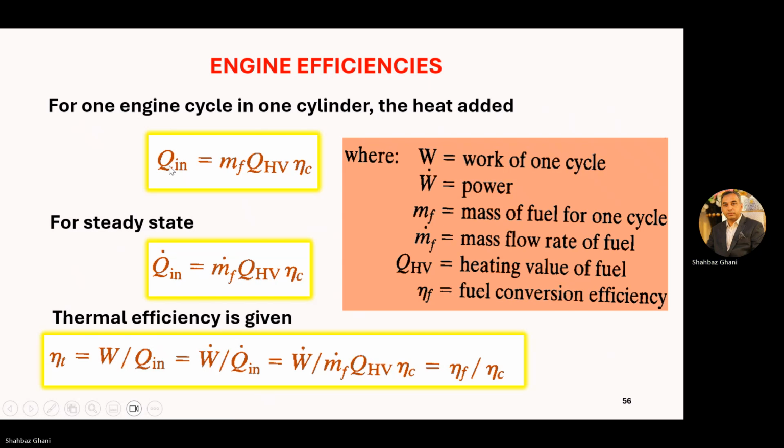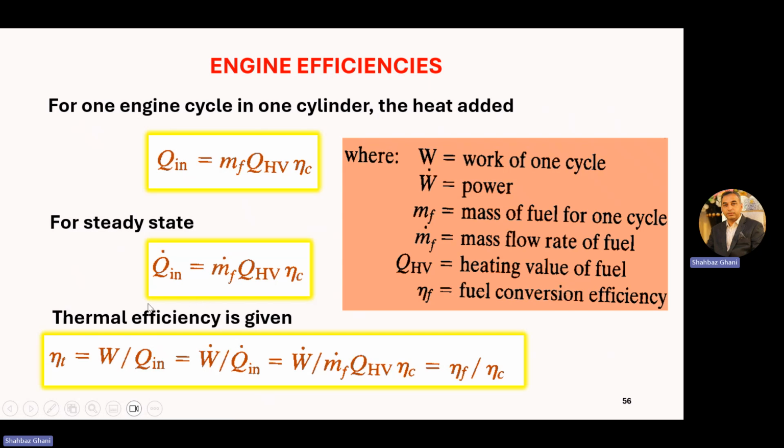The heat generated, or heat in, is equal to the mass of the fuel for one cycle times the heating value of the fuel we are using times the combustion efficiency. For steady state, Q dot, the rate of heat in, is equal to the mass flow rate of fuel times the heating value of the fuel times the combustion efficiency.